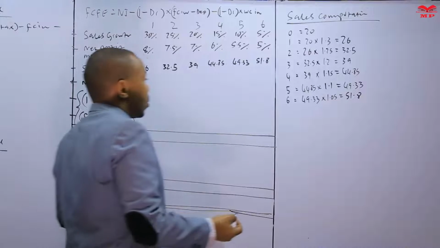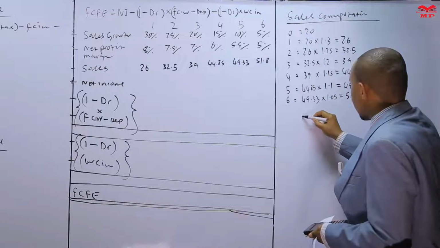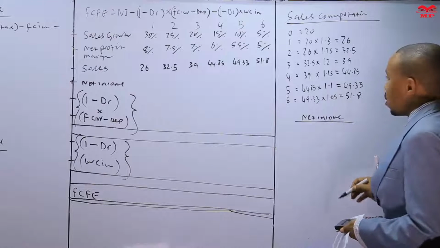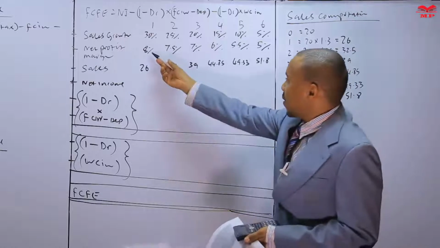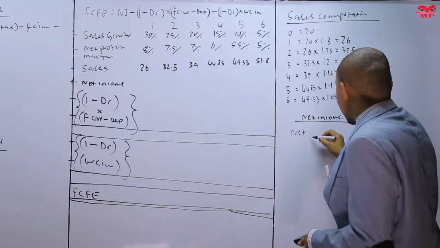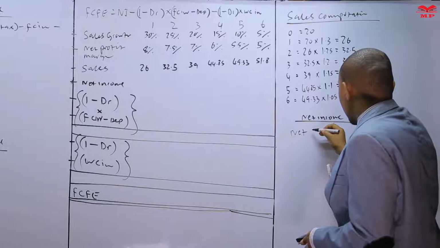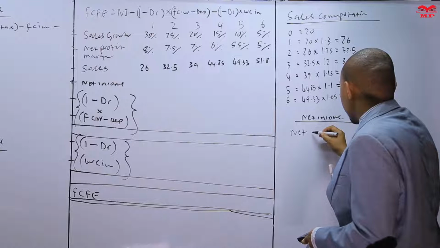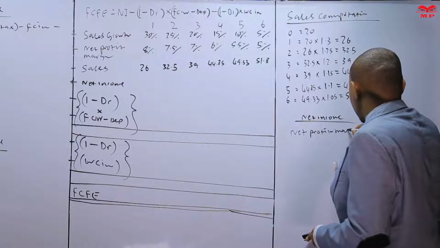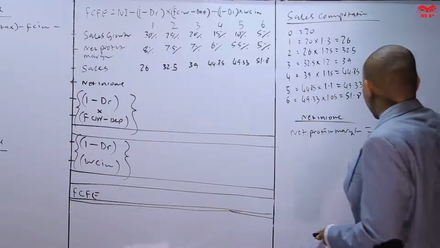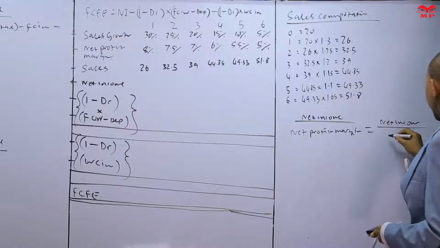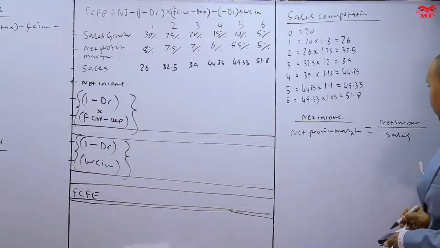Net income. So net income computation. There. What have we been given? We have been given the net profit margin. Net profit margin is given as net income divided by sales value.